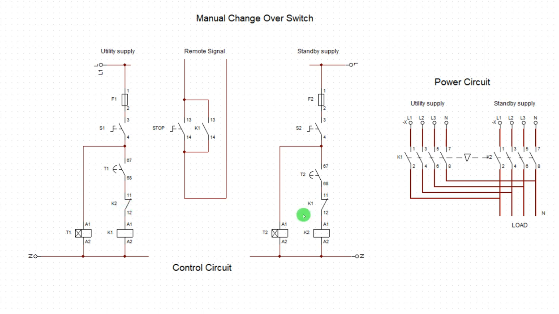Now we have interlock. The interlock remains the same. But what we are going to do is this. Before power is allowed to come here, I'm going to have a contact of this. A contact of this should come here.